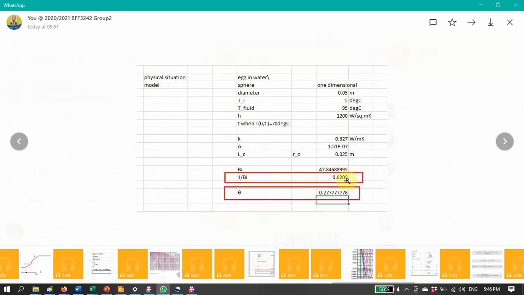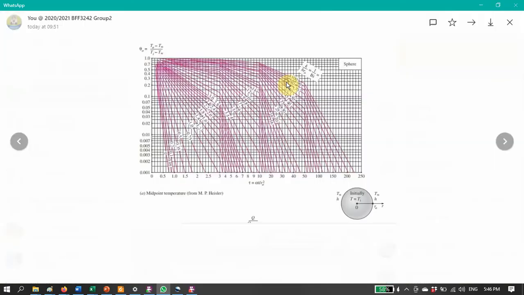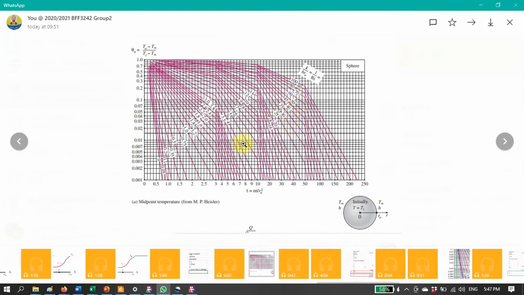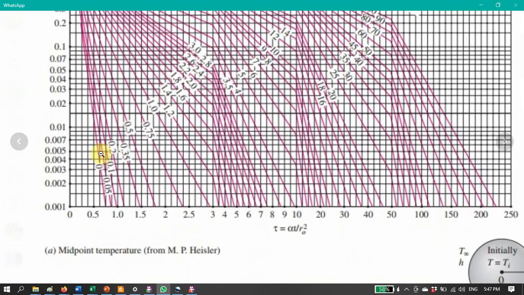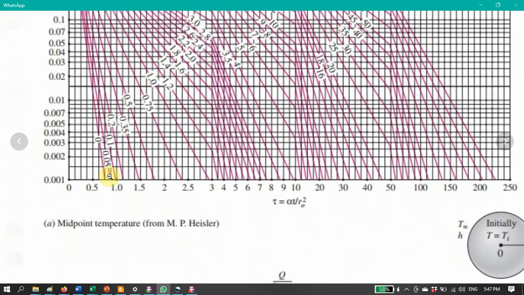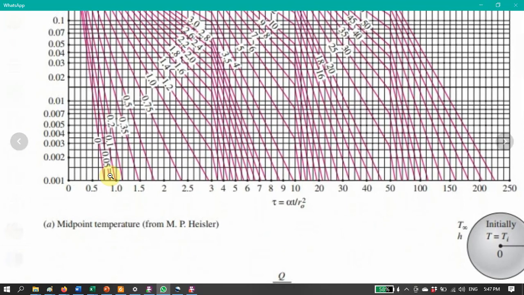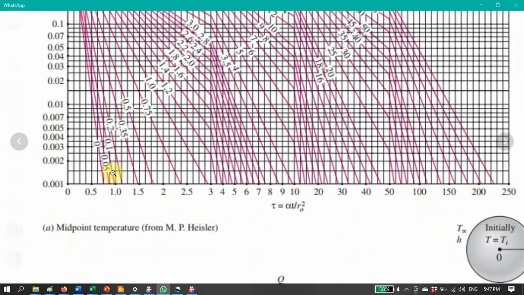If you look at the Heisler chart, we don't have 0.021, but we have 0.05 and 0.1. So our value of the inverse Biot number will be between 0 and 0.05.